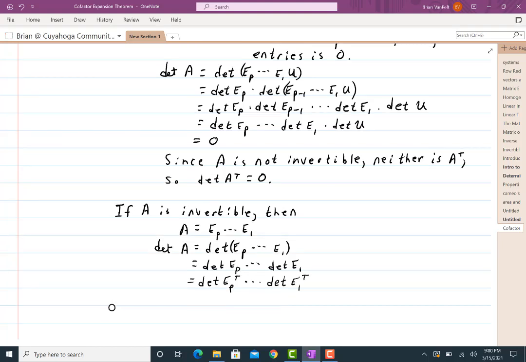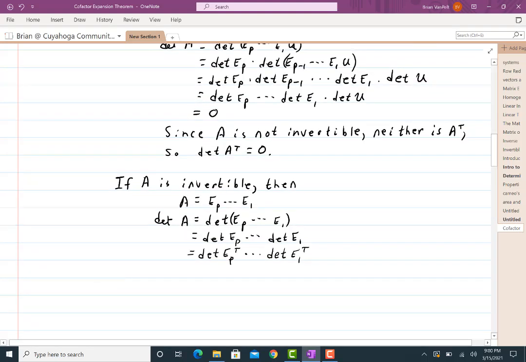So I've got that. Now, one at a time, because I can only peel off elementary matrices one at a time. I can only reassemble them one at a time. It just so happens that when you take the transpose of an elementary matrix, you get an elementary matrix. So I can put these things back together one at a time because they're all elementary matrices.